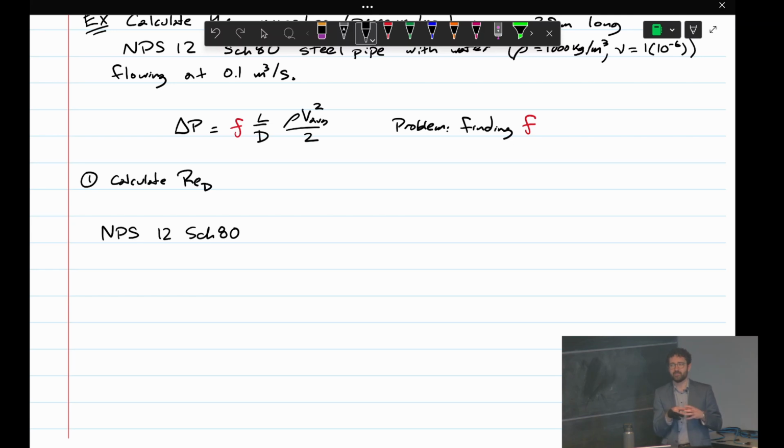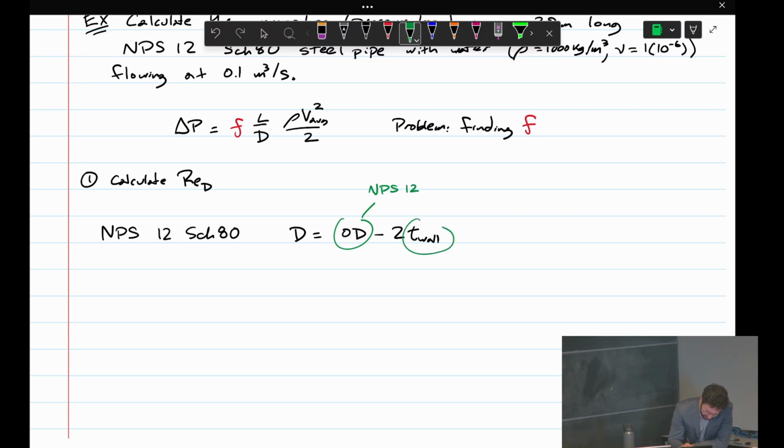You have to make sure your pipe isn't going to burst. So that wall thickness and that NPS 12 is important for determining, say, the maximum pressure you're actually allowed to have in your pipe. But we're just doing fluid stuff right now, so we don't need to worry about that. So the diameter is going to be the outer diameter minus 2 times the wall thickness. So OD is going to come from NPS 12. Wall thickness is from schedule 80.